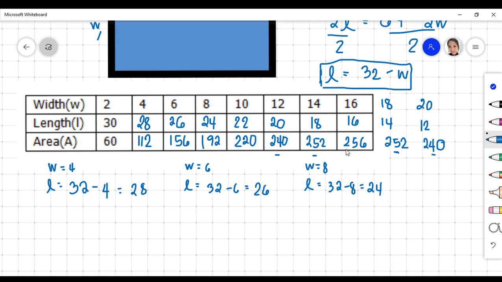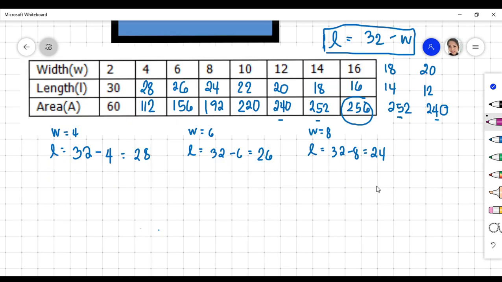So it goes up to the highest point, which is 256, and then it goes down the same value with what we had on the left side. It's the same thing as graphing that in the parabola. So this will be the behavior of our area. So it gradually goes up and up, and then it reaches its maximum area, and afterwards it goes down.